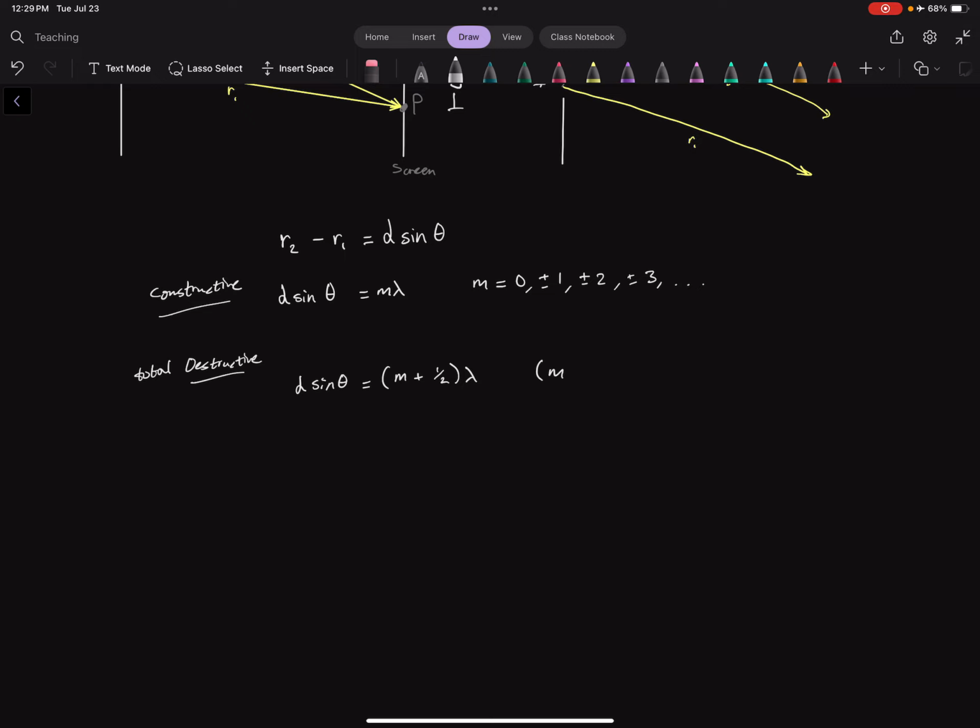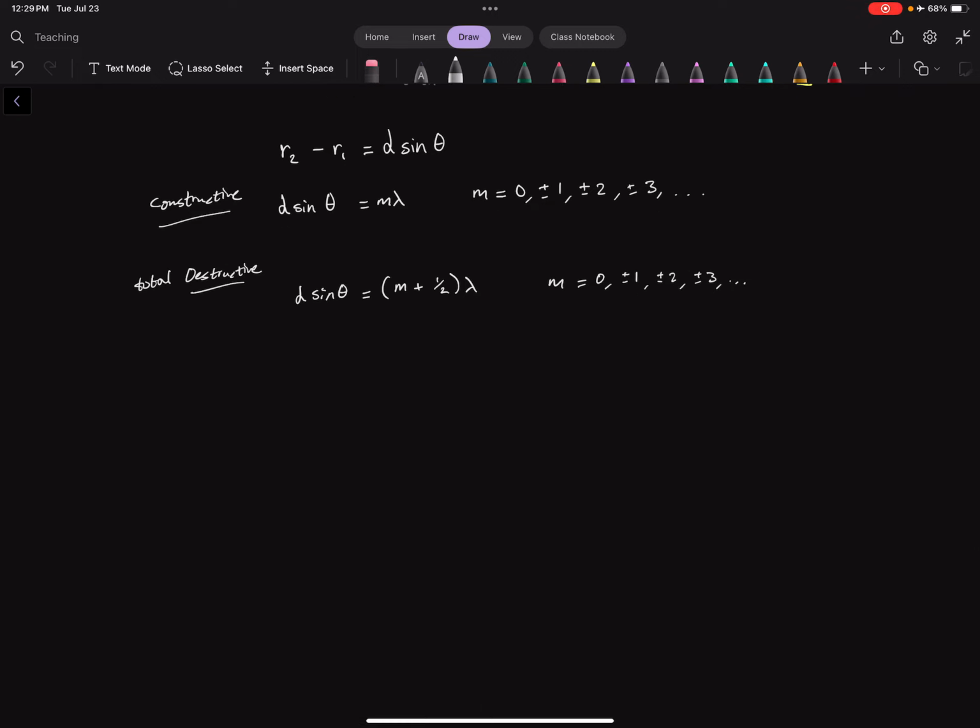Where m is the same thing. Okay, so that's simple enough, right? We just made a really easy approximation if you have those slits really close to each other. It's a pretty fair approximation.